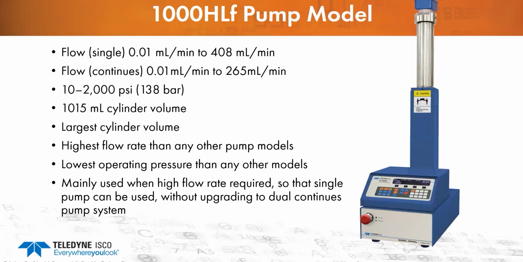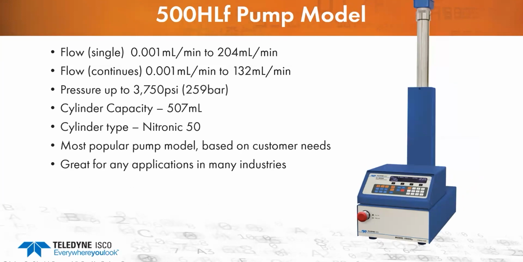The 1000 HLF model is the largest capacity cylinder pump with the highest flow rate. The 500 HLF is great for use in many different industries and applications based on available flow rate and pressures.